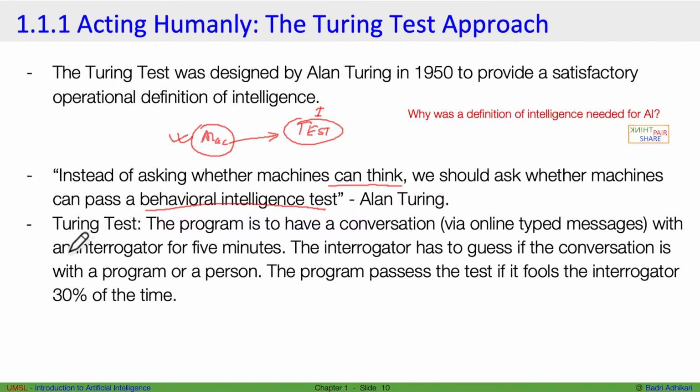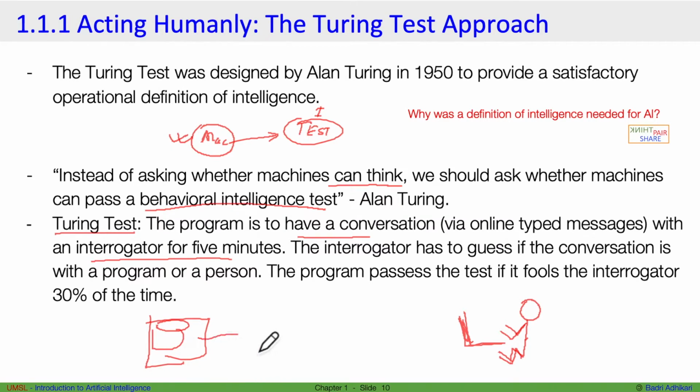Specifically, here's the Turing test. According to the Turing test, a program is supposed to have a conversation with an interrogator for 5 minutes. So say here's a human, an actual human, sitting at a computer screen, and let's say our agent is somewhere else, wired to this screen.